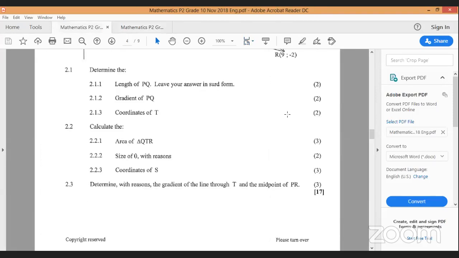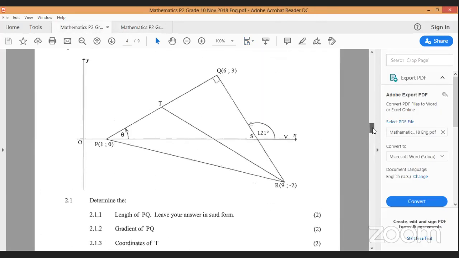This is the thing that I've explained earlier on. Remember, because these are perpendicular, right, guys? Now, we got the gradient here, and I said the upward sloping gradient is always going to be positive.